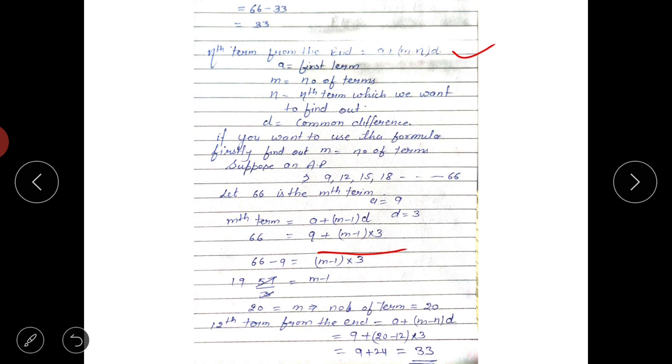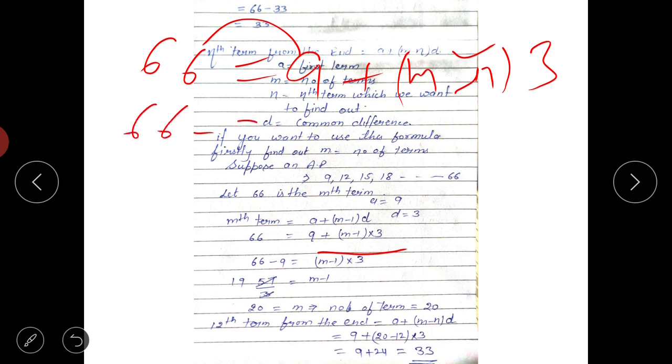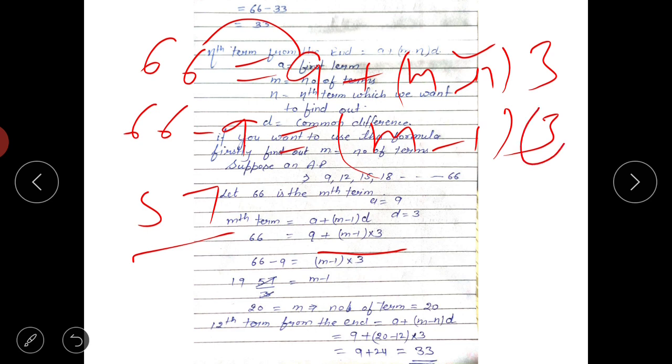So we transpose the 9: 66 minus 9 is equal to m minus 1 into 3, and that is 57. Then 3 is transposed to the other side, so 57 divided by 3 is equal to m minus 1.